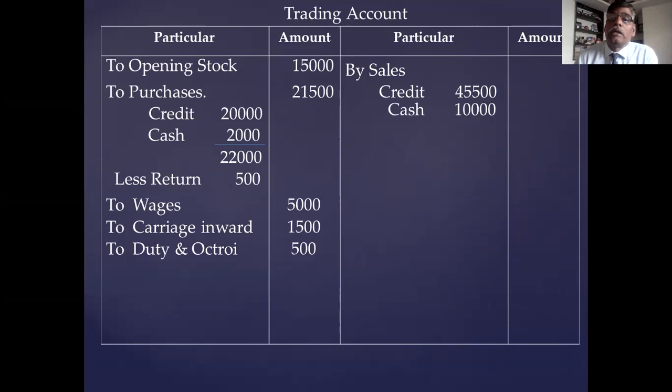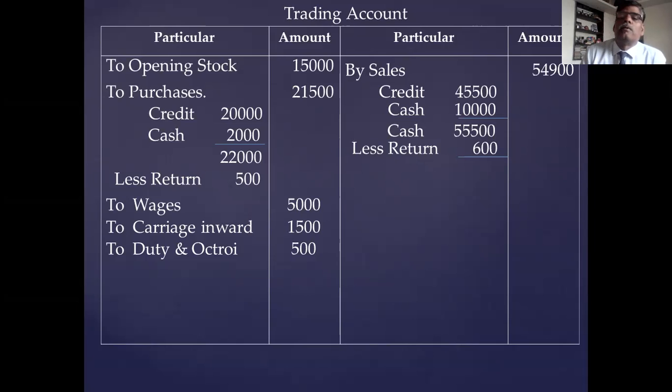Total is 55,500. Then less return inward 600. Deduct. Net sale is 54,900.